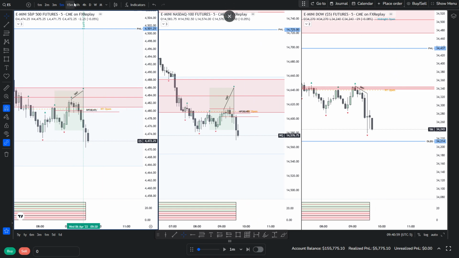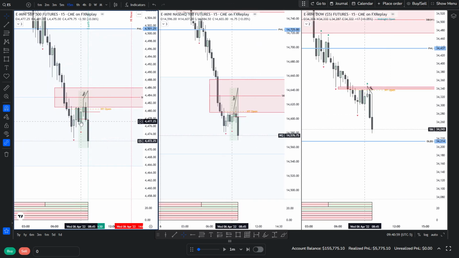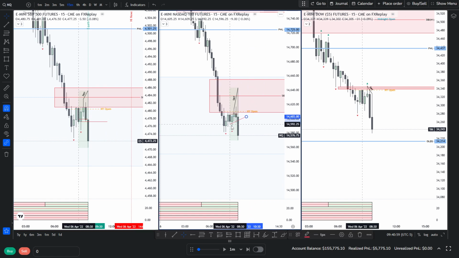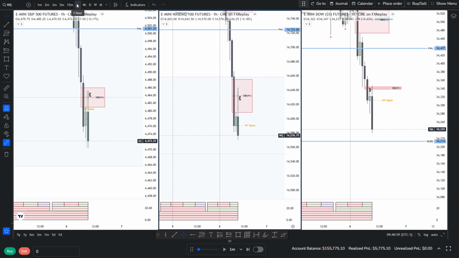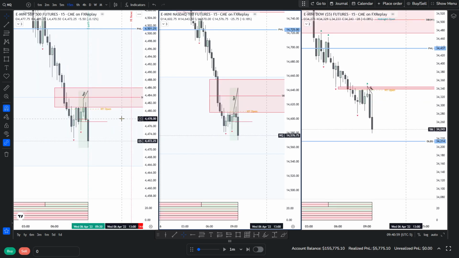Now, in terms of the order block, though, mind you, M15, it's now looking like that. It's the M15. Not at the hourly time frame yet.